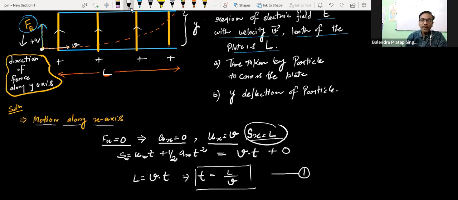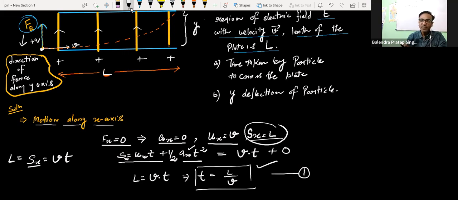So by using these 4 quantities, force, acceleration, initial velocity, and Sx, we put all these values in the formula Sx = ut + (1/2)at². Acceleration is 0, so this part is 0. You only get Sx = Vt, and Sx is your capital L. So from here you can find the time, t = L/V.